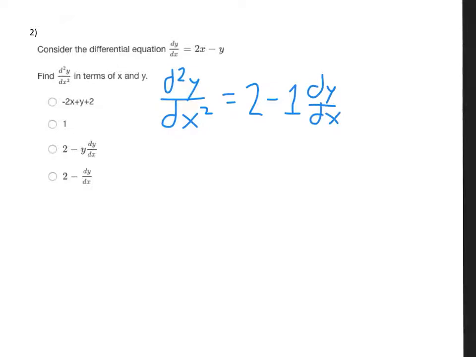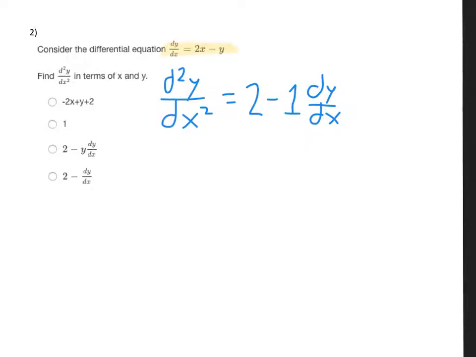Now, that is actually this answer right here, the last one on this version of it; those will shuffle when you take it. But that's not the right answer because the directions say in terms of x and y, which means I cannot have this dy dx in my answer. So what do we do? Well, dy dx equals 2x minus y.